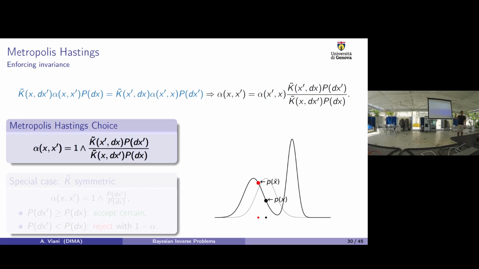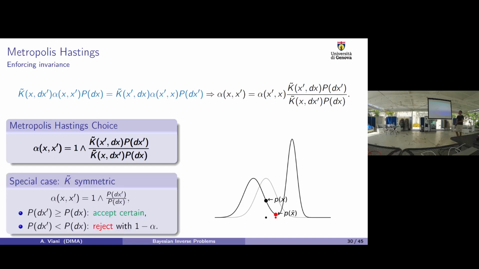In the simpler case where K tilde is symmetric, we can simplify this expression, the proposal terms cancel. It means that alpha is nothing but the ratio between the values of p in the proposed point x prime and the actual point x.